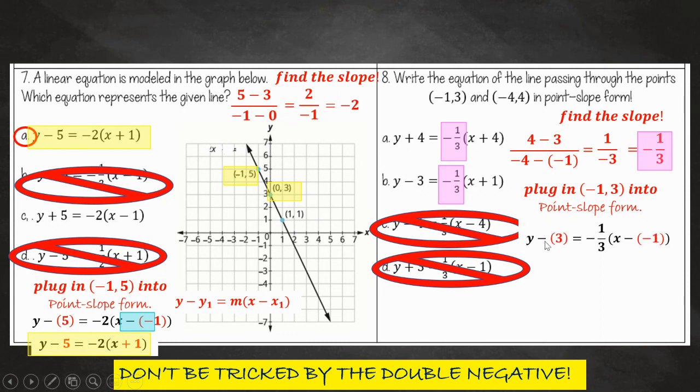And so when I do that, I get y minus 3, because this is my y value, I'm going to plug in 3, is equal to -1/3 multiplied by x minus a -1. Again, I have a -1 and I'm subtracting a -1, so that's going to simplify to x plus 1 and just y minus 3. So that matches my option B, and so that will be my correct answer.